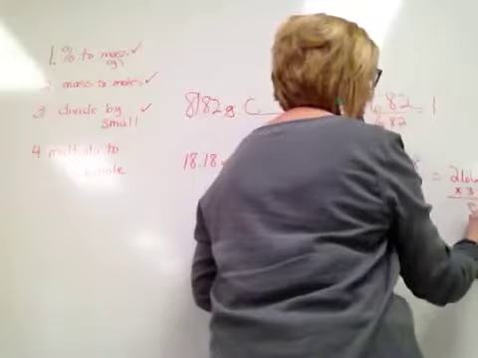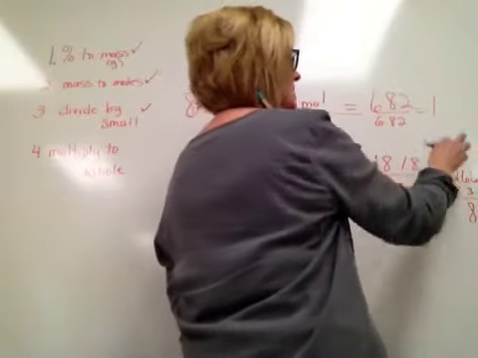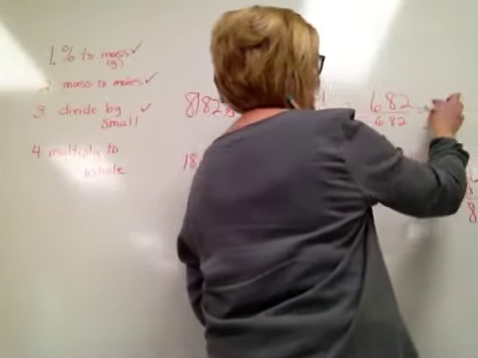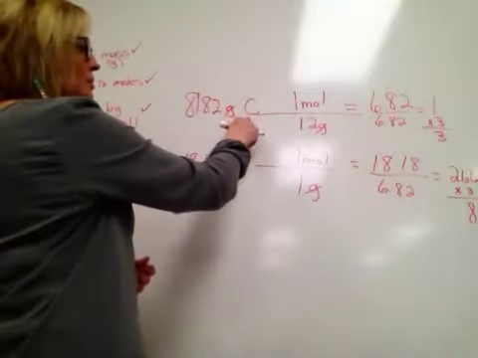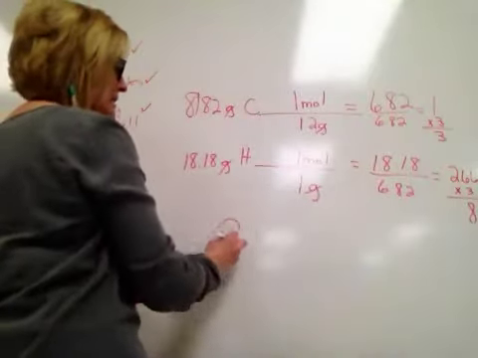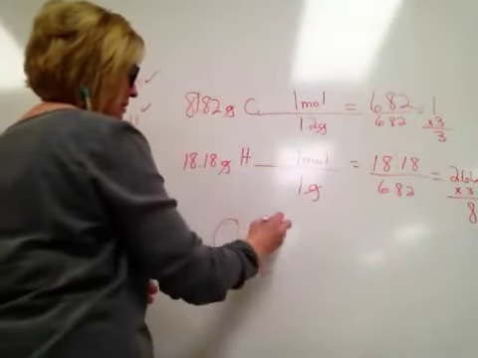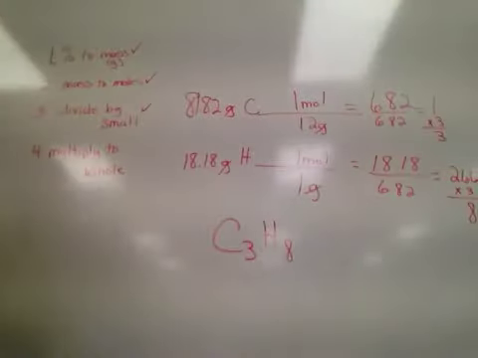So now that's a whole number of 8. If I take this times 3, I have to take this times 3. So I get 3. So this tells me my empirical formula is C3H8.